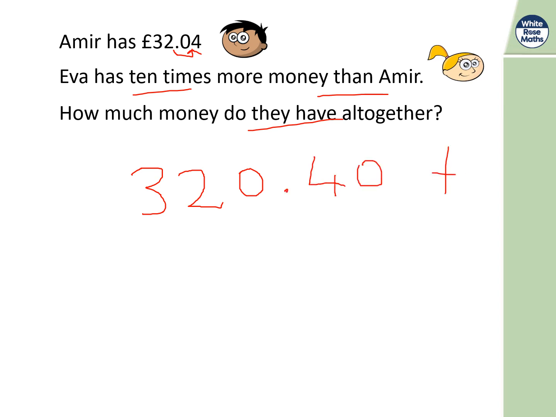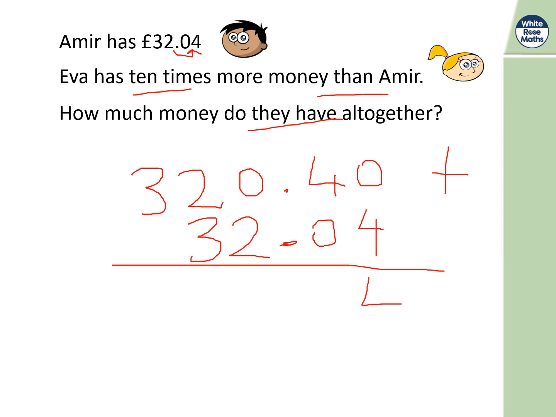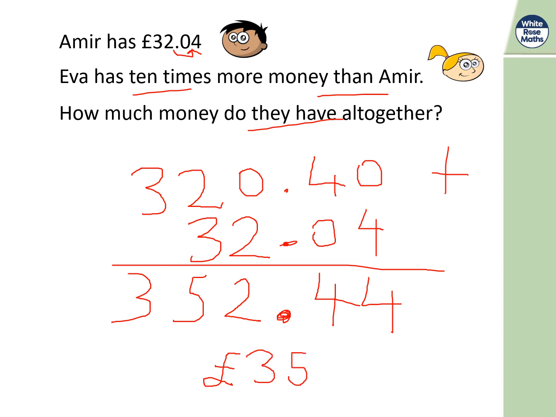And Emir has £32.04. Adding these numbers, 0 plus 4 is 4, 4 plus 0 is 4, the decimal point lines up below, 0 plus 2 is 2, 2 plus 3 is 5, and the 3 drops down. So in total, they both have £352 and 44 pence.